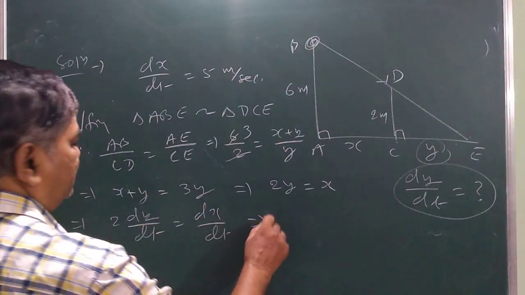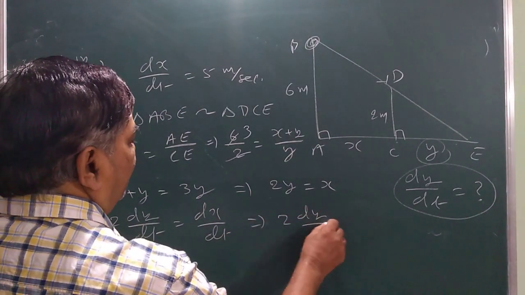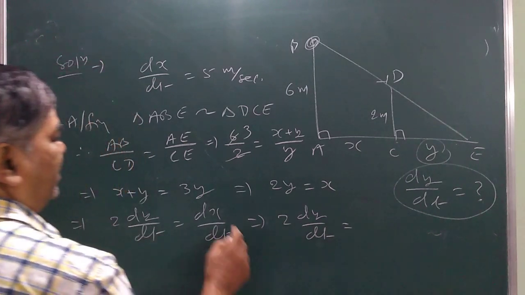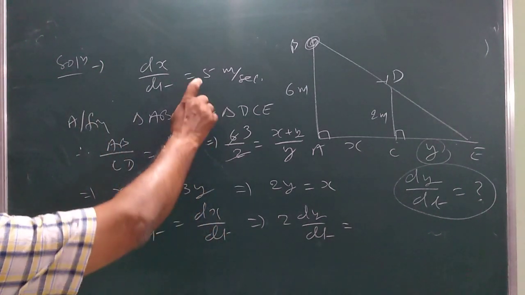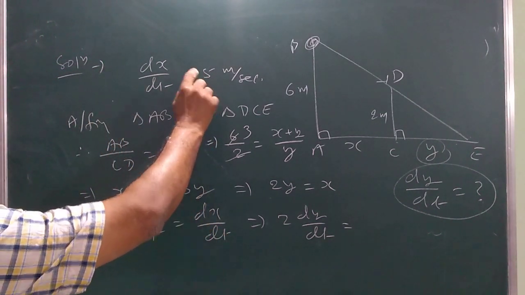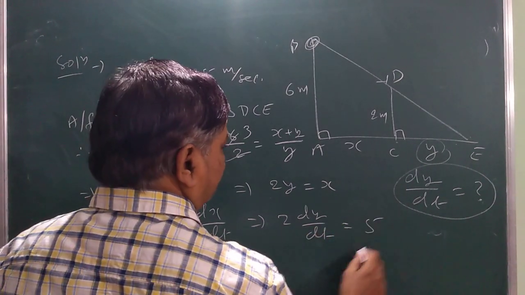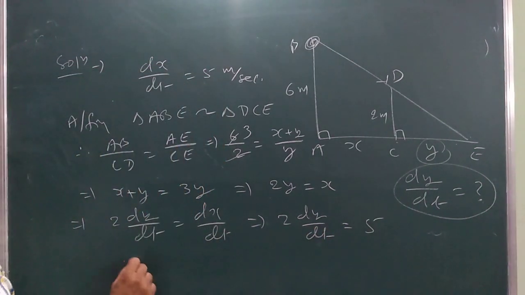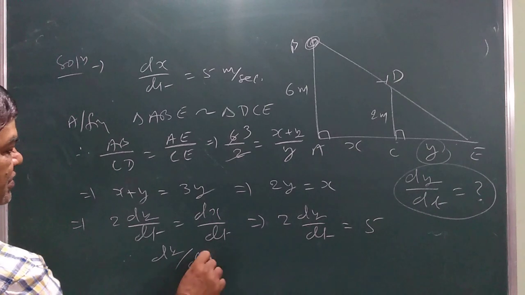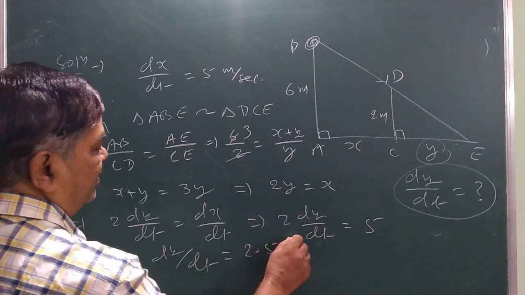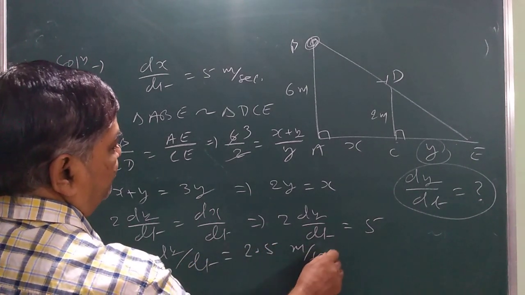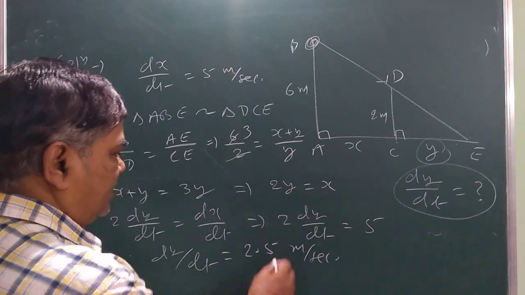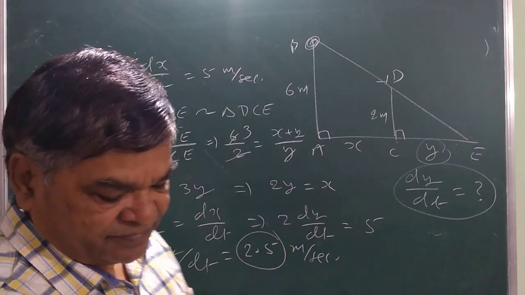So this is 2 dy by dt. What is the speed of the man? That is 5. So dy by dt is 2.5 meter per second. So this should be the answer.